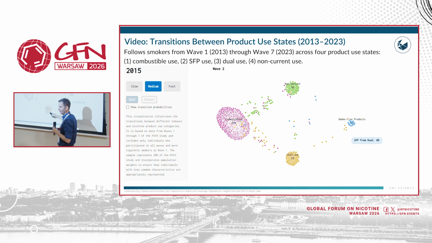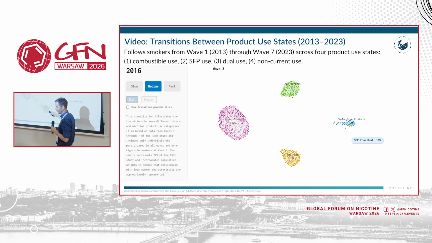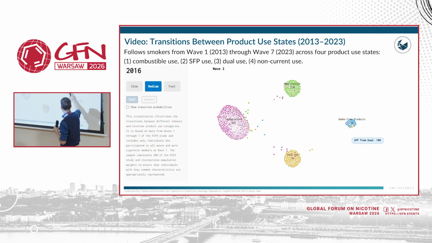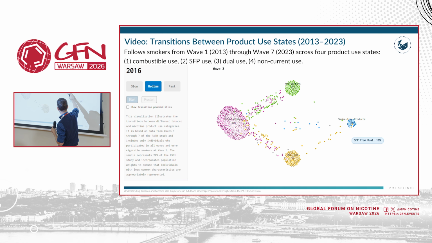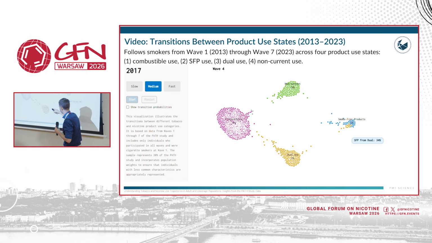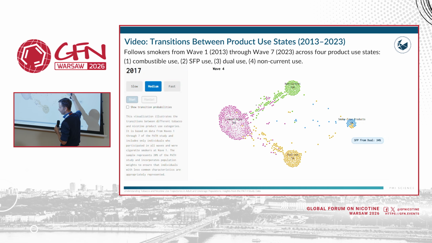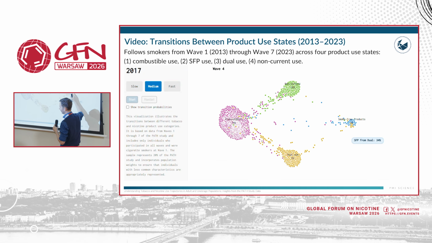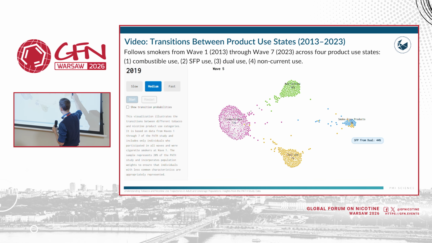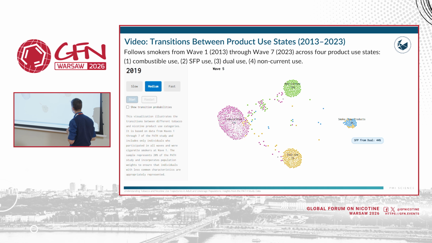Dual use is beefing up as the combustible smokers start to experiment with electronic cigarettes, while with the orange dots, we can see those smoke-free products users who have transitioned from dual use. And with the blue dots, we can see those who have transitioned to smoke-free products either from being combustible or a non-current user.